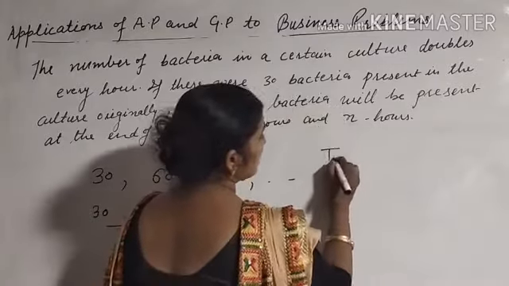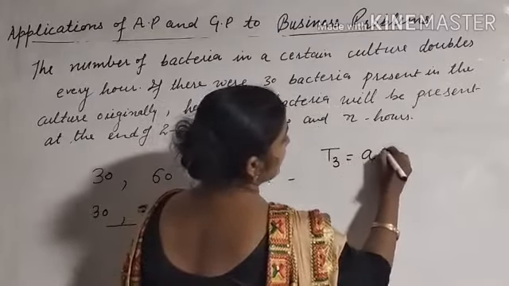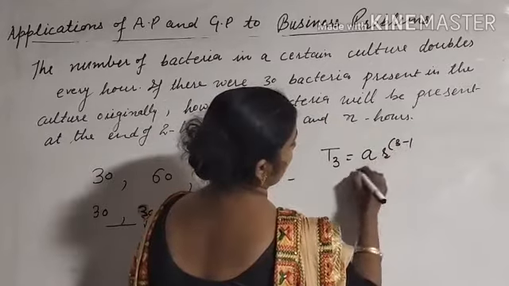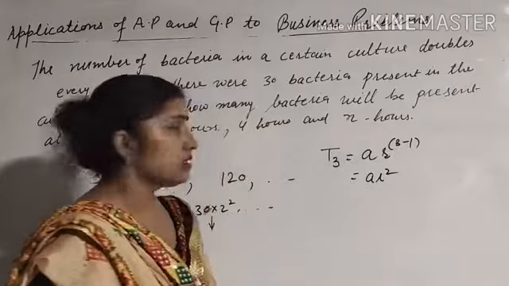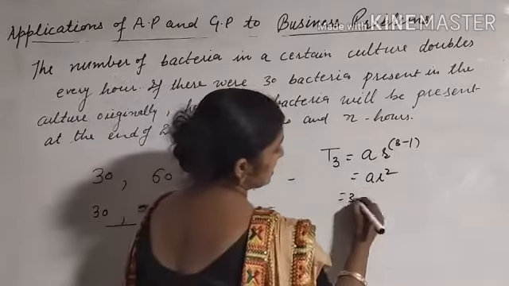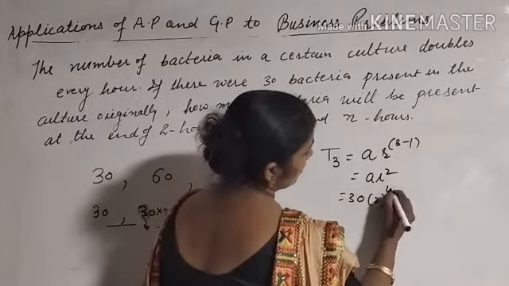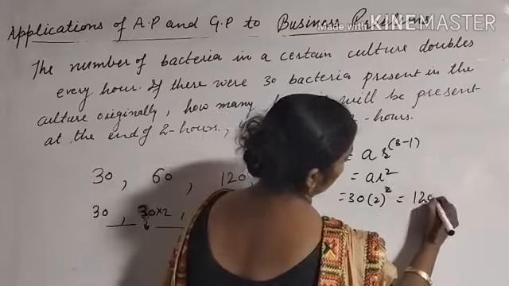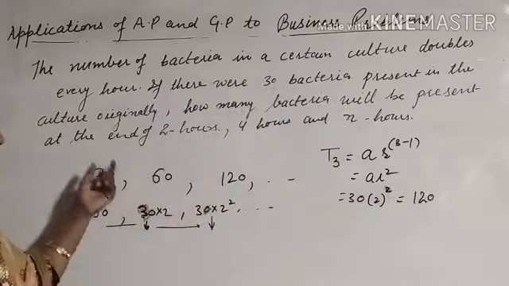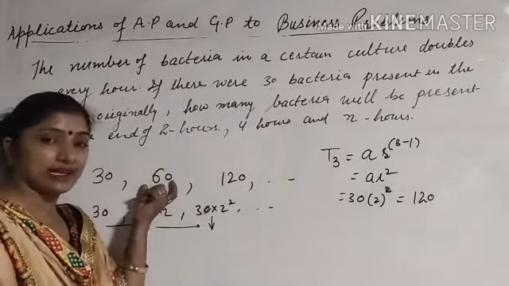So the third term of GP, T3, is A into R raised to the power 3 minus 1. So it is AR square. AR square is 30 into 2 square, that is 4. So 30 into 4, it is 120. You can see from here, bacteria at the end of the first hour is 60.